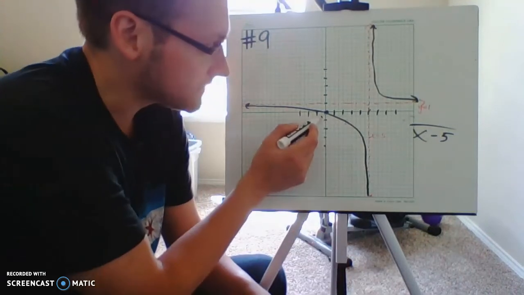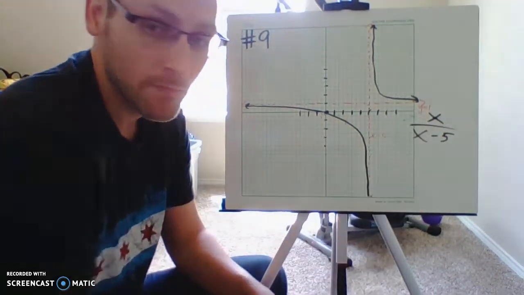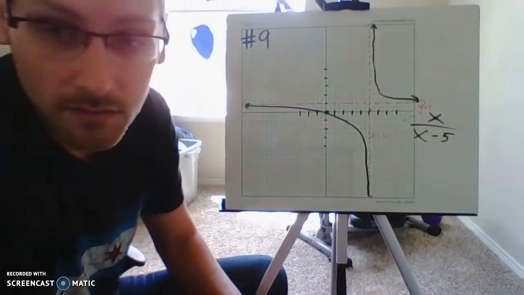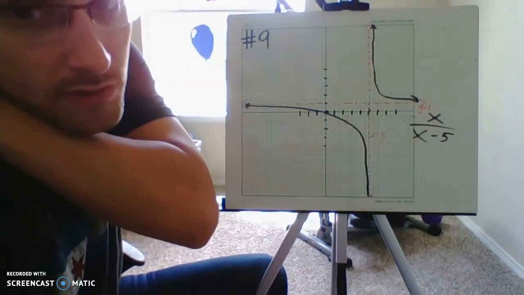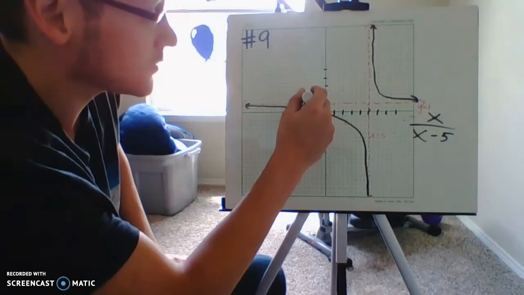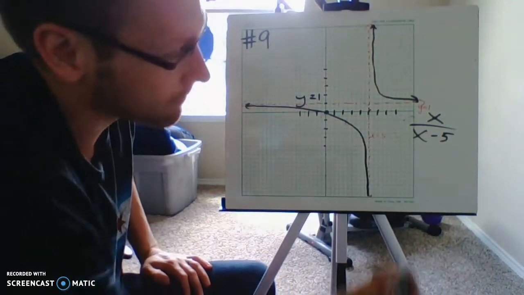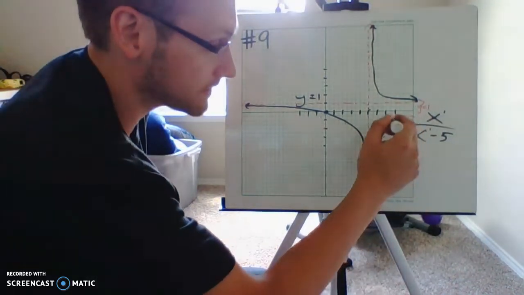And then I have a root at 0. So that's just going to be an x up here. Now, let's say it was at positive 3, it would be x minus 3. But it needs to be 0, so it gives me that root at the top. And then this end behavior is at y equals 1. So I just need to make sure that my degrees are the same. Luckily, it is the same, and that's it.